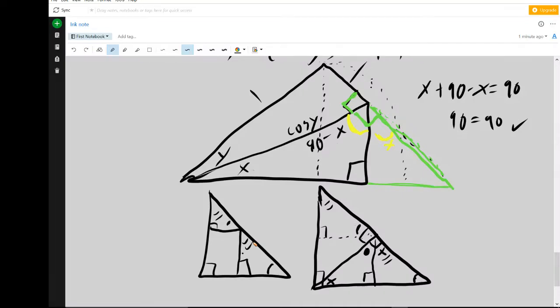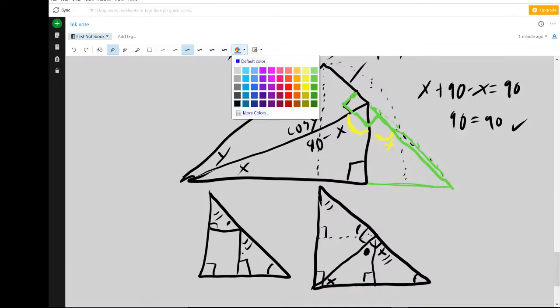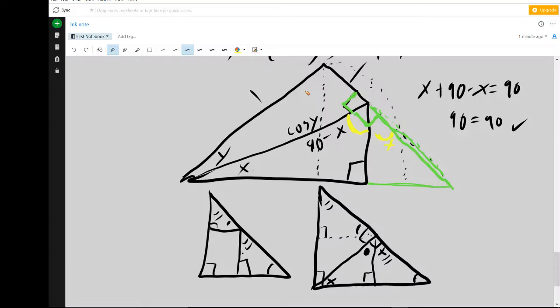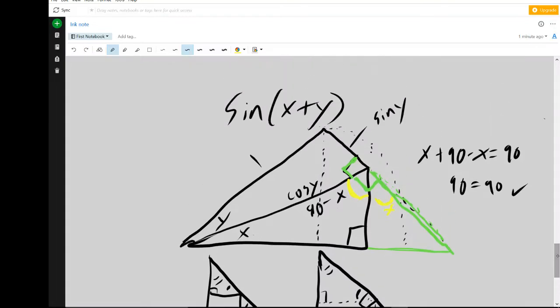What we can do with that information is this: we knew what the sides were when we were talking about the y-angle triangle. We do not know the sides and height of the x-angle triangle, because it does not touch the unit circle, so we can't just say cosine and sine.